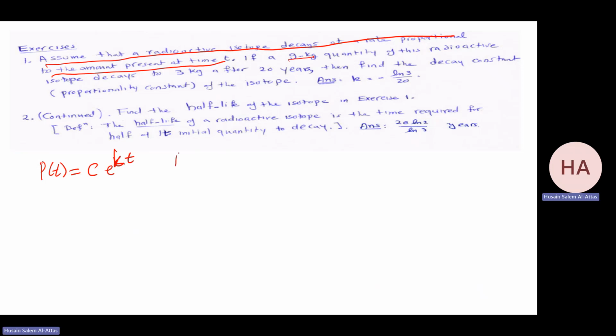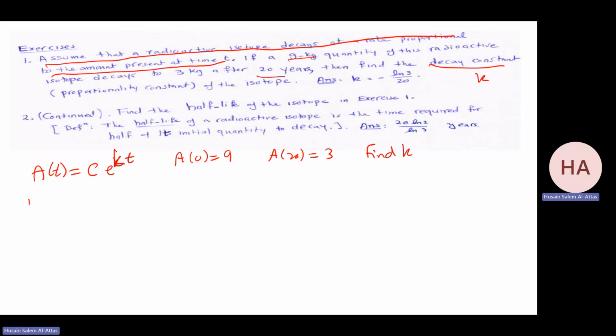So let me call it A of t. So A at 0 is 9, and after 20 years, A at 20 becomes 3. Find K. We said find K, the decay constant, which is K.